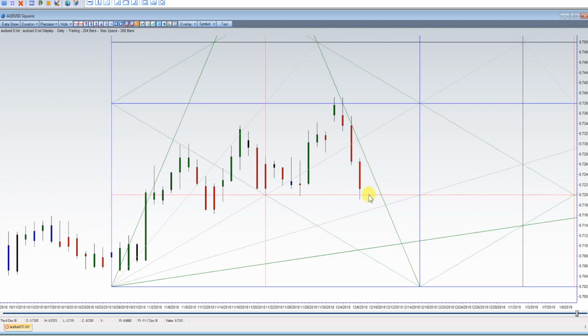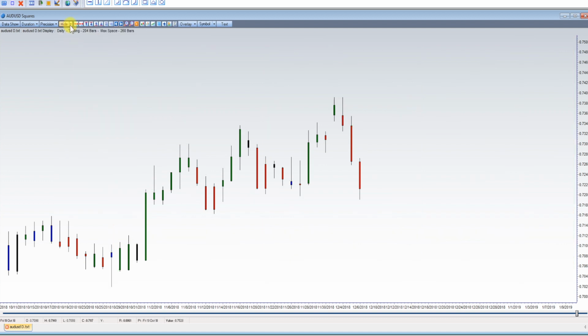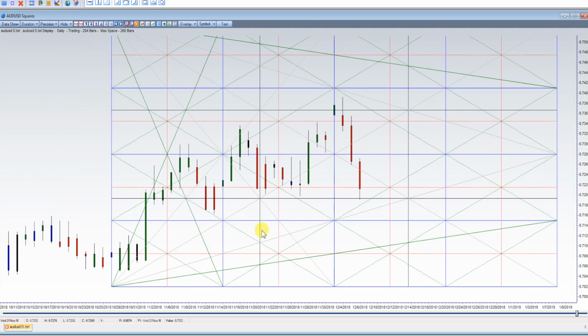Using the 144 square, you can see that it's at key support right here. So that's good. If anything, we should consolidate and then go up. But we'll see. Nothing's written in stone. It's just speculating. Using the 52, key support here too.